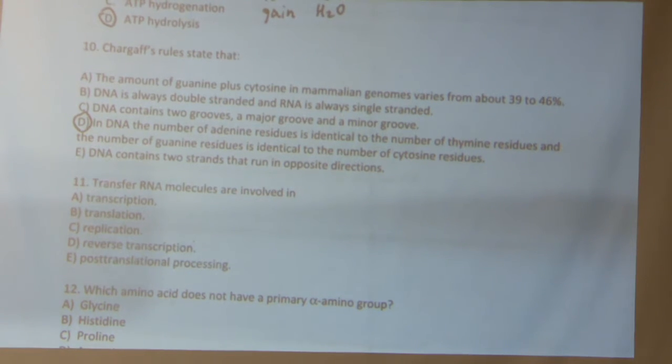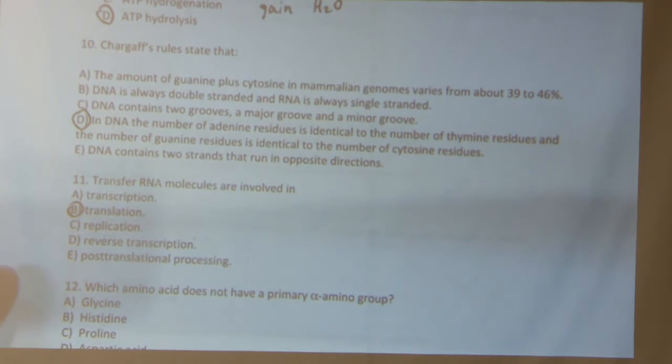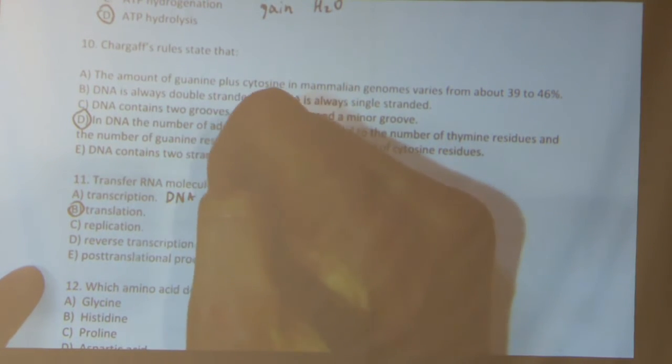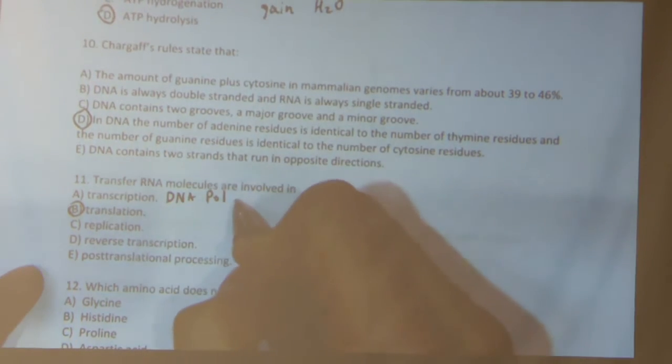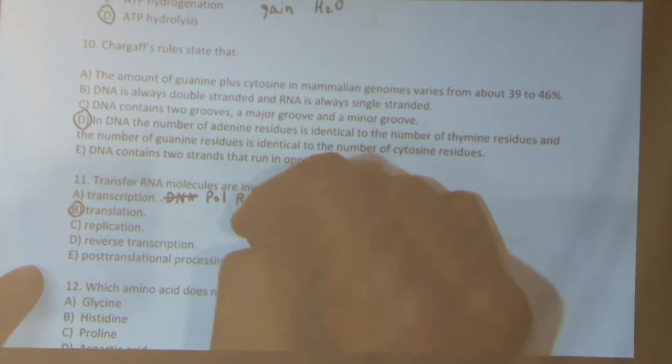Okay. Number 11, transfer RNA molecules are involved in translation, transcription, replication, reverse transcription, or post-translational modifications or processing. Translation, awesome. So what type of molecule is used for transcription? DNA polymerase? RNA polymerase? RNA polymerase, awesome.